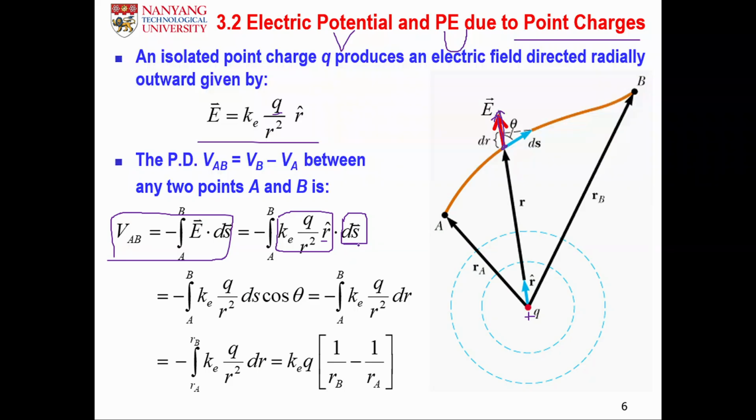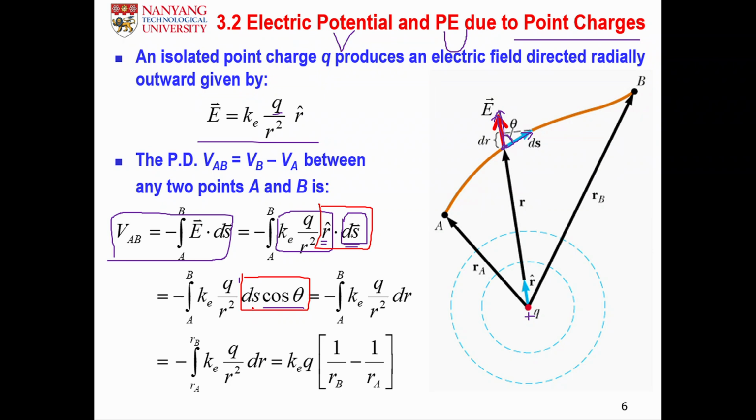And ds is just the displacement from A to B, so it points in this direction. There is a finite angle, say theta, between the vector R and ds. That is cosine theta, so the dot product of these two vectors equals ds cosine theta.